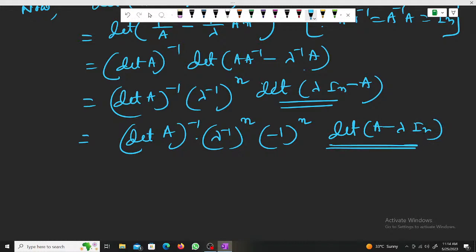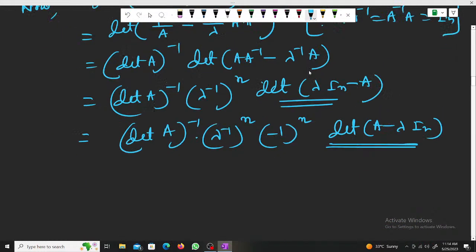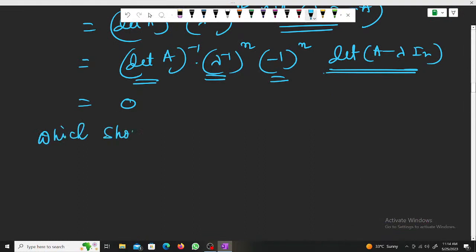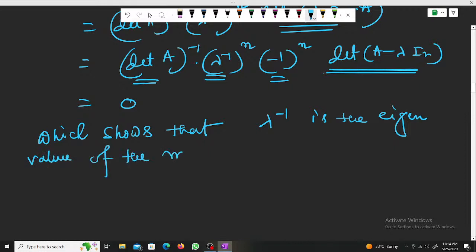Now what is this? This condition can be applied. This is 0, that means this product, this is non-zero, this is non-zero, and this is non-zero, that means this product is 0. So which shows that lambda inverse is the eigenvalue of the matrix A inverse.